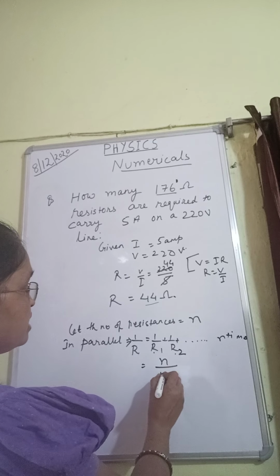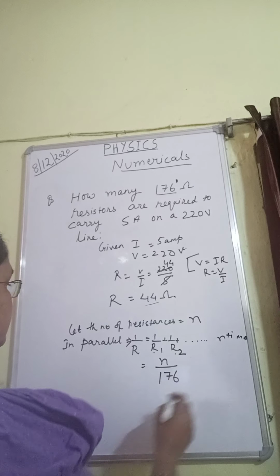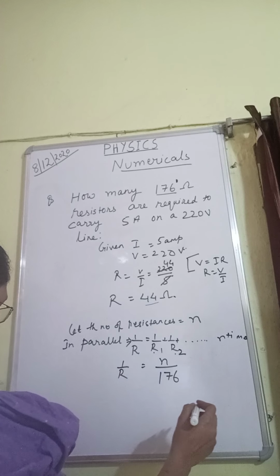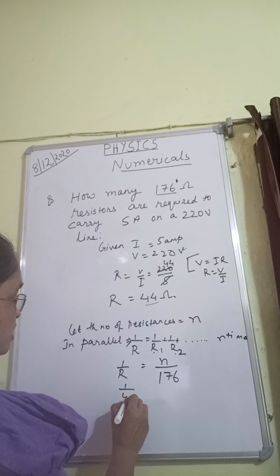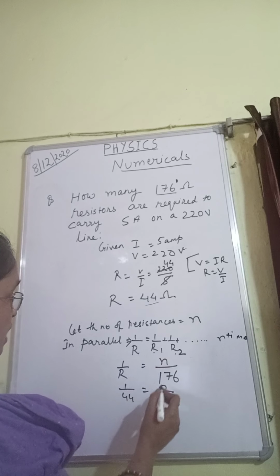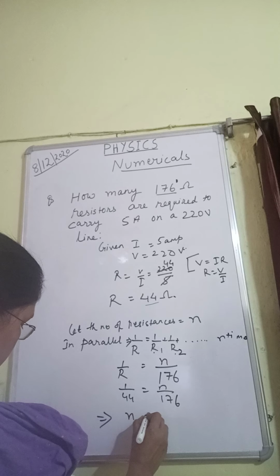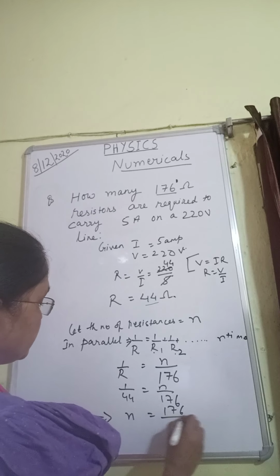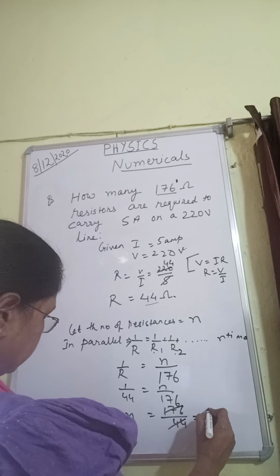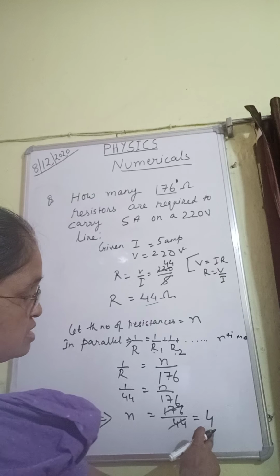So directly we can write N by 176, because all these are the same, 176 ohms. So 1 by R, that is 1 by 44, is equal to N by 176. So N we can find, which implies N is equal to 176 by 44, and the answer we get is 4. So the number of resistors required is 4.